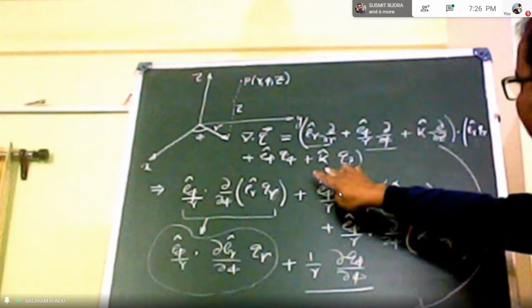And you know, in cylindrical coordinates, it should be i, x means r cos phi, plus j r sin phi, plus k z. This is your expression.